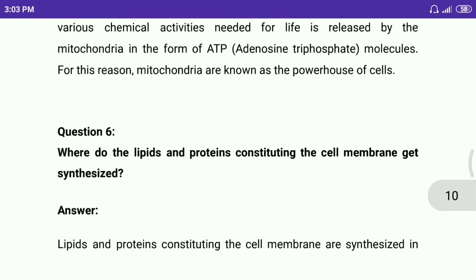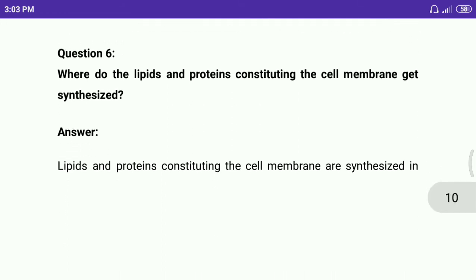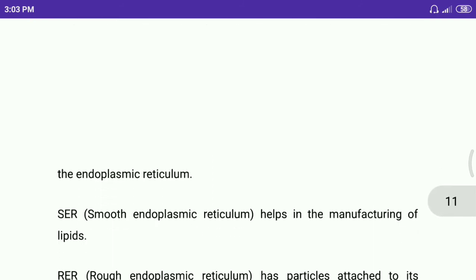Sixth question: Where do lipids and proteins that constitute the cell membrane get synthesized? Answer. Lipids and proteins that constitute the cell membrane are synthesized in the endoplasmic reticulum.